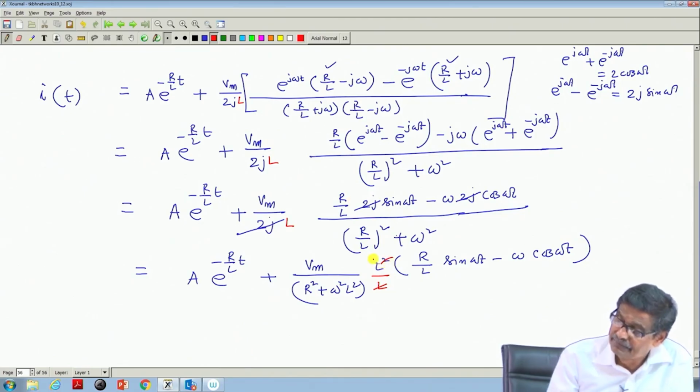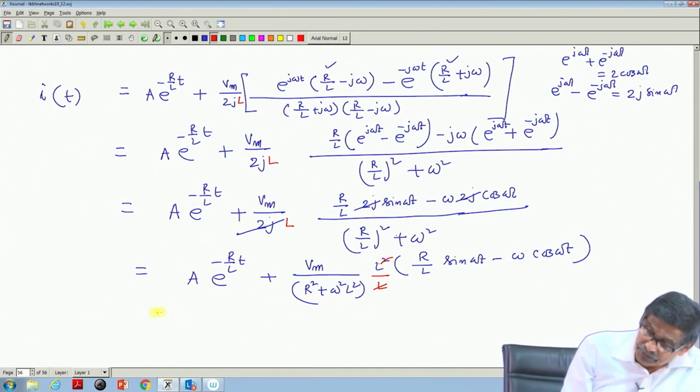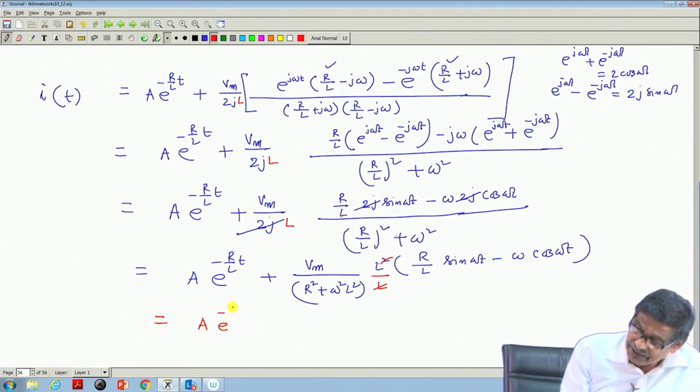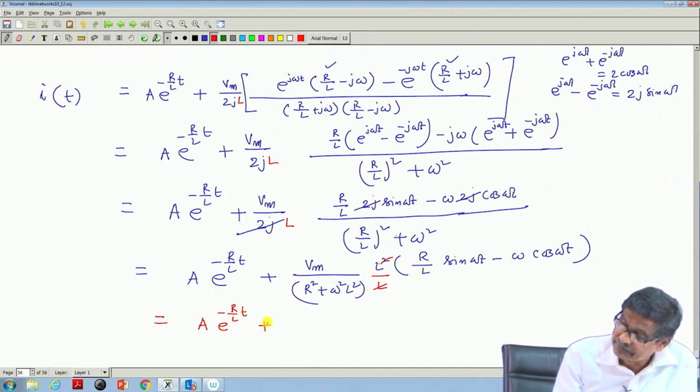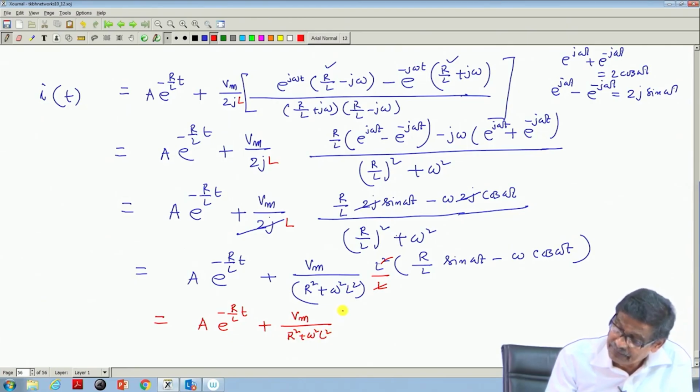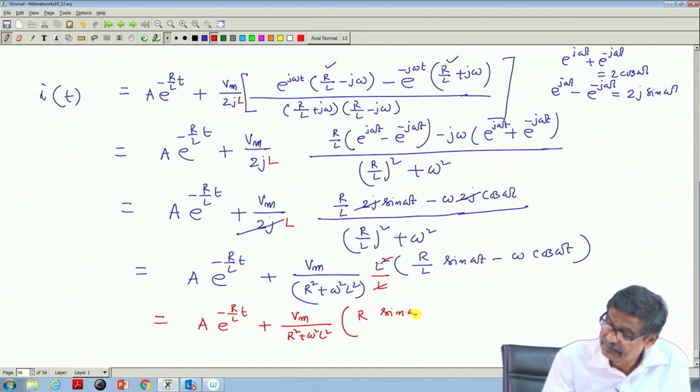L left here. So, your solution will be A into e to the power minus R by L into t plus V m by (R square plus omega square L square). This L you push it inside, it will be R sin omega t minus omega L cos omega t.